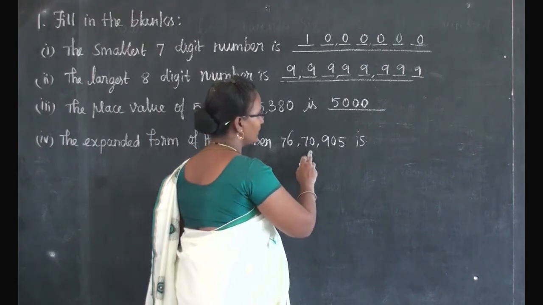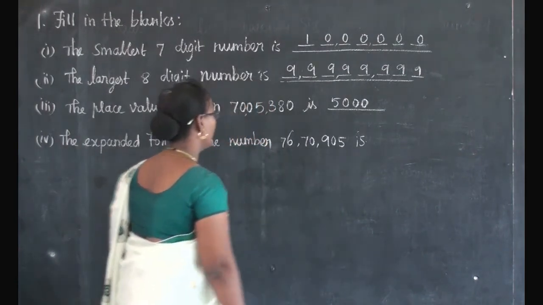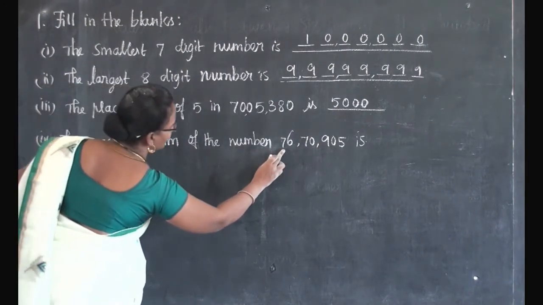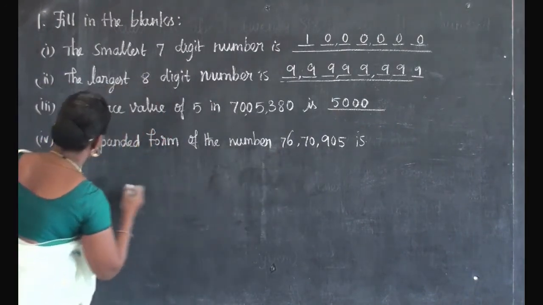Fourth one, the expanded form of the number 76 lakh 70,905. Expanded form means put 7 here, first digit, but also 0.